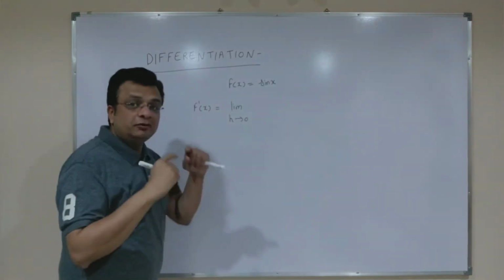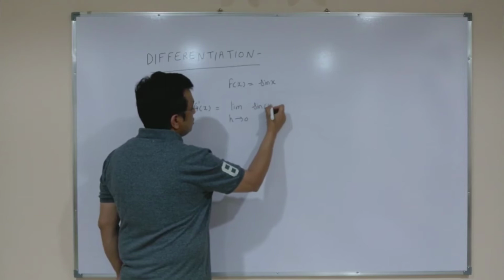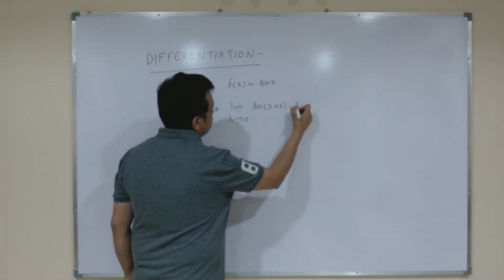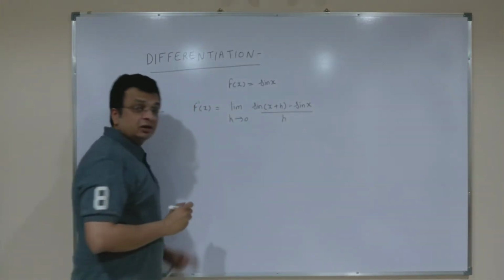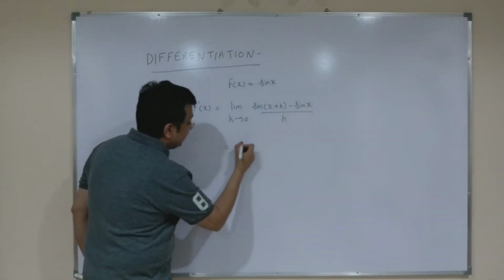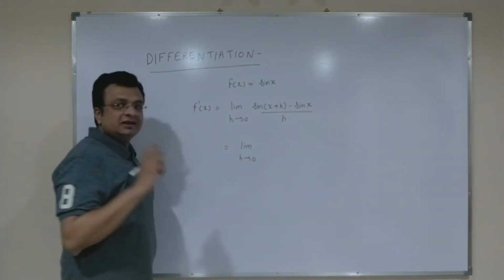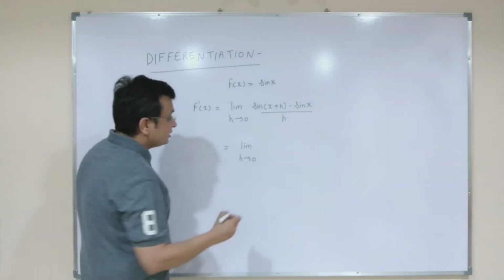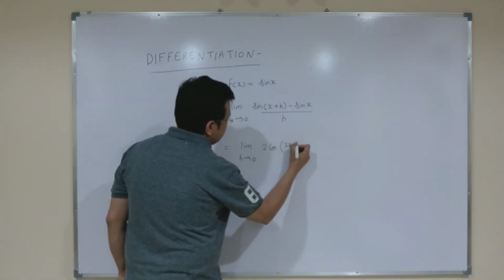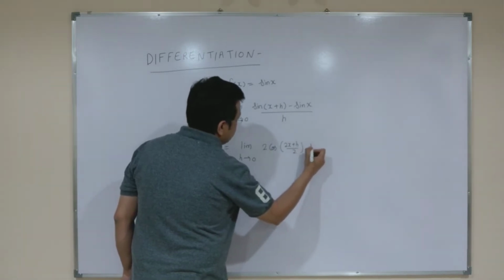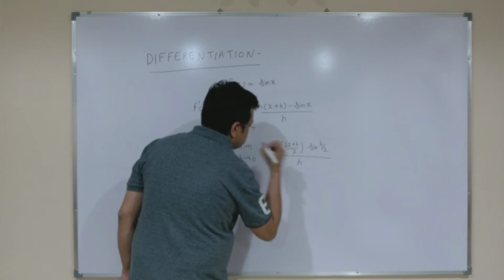Sin of x plus h minus sin x upon h. Now, can I apply sin c minus sin d over here? That gives 2 cos of (2x plus h) by 2 into sin h by 2 upon h.